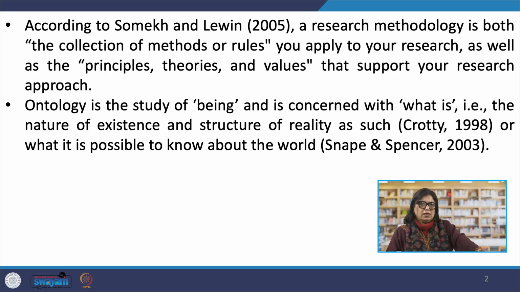Now, ontology, as we all know, is the study of being, something that is there and is concerned with what is, that is, the nature of existence and the structure of reality as such, or what it is possible to know about the world.